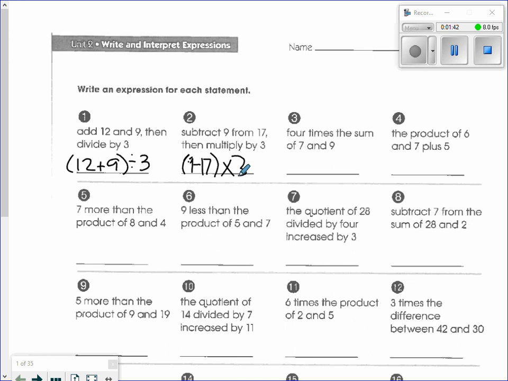So what number goes first? Anyway, subtracting 9 from 17. A lot of people end up getting that wrong, and I'm not saying anything about anyone who wrote it like this. It happens every year.